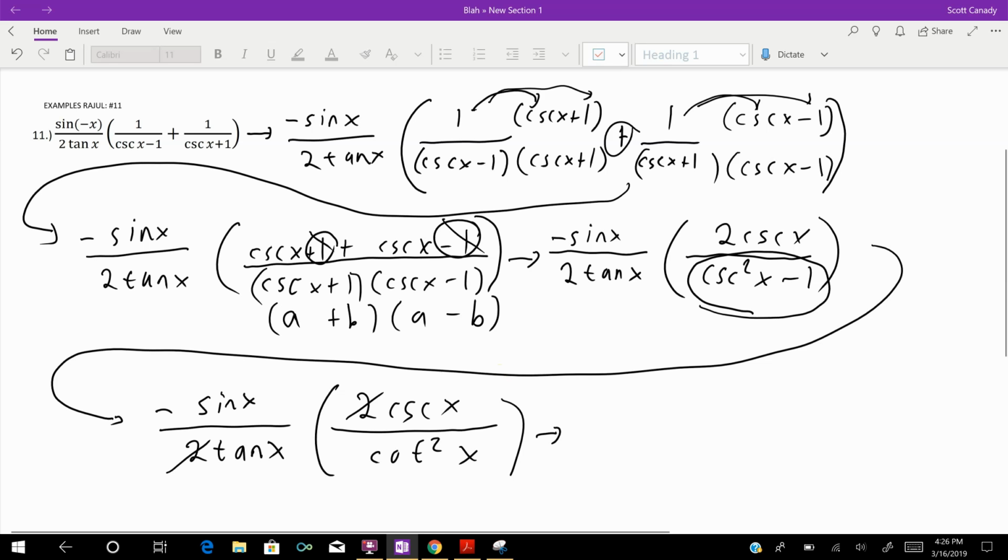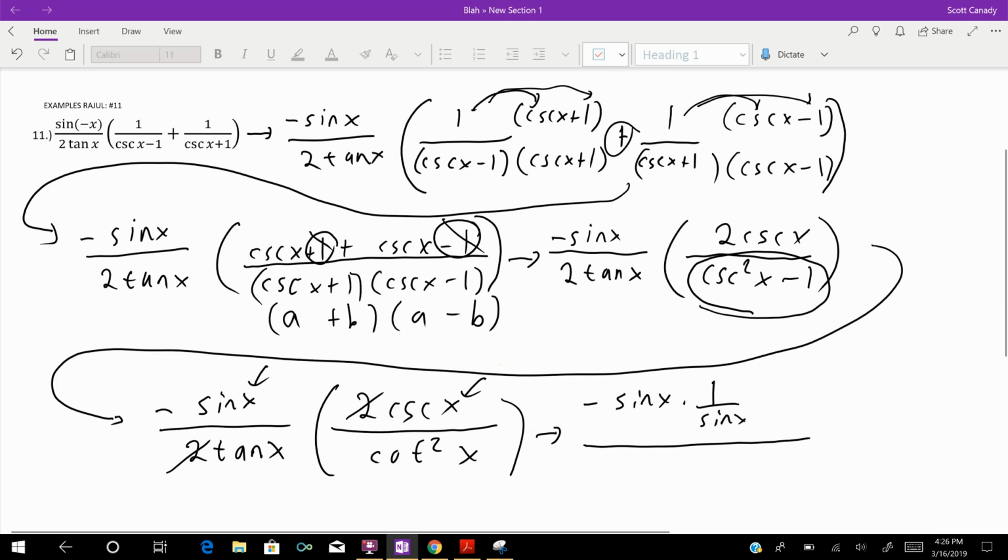So when all else fails, change things into sines and cosines. But if you can see another pattern, go ahead and use that pattern. And I can see on the top there that I do want to change my cosecant x into 1 over sine of x because that's going to eliminate this sine of x right here. So let's go ahead and do that right now. I've got negative sine of x times 1 over sine of x.